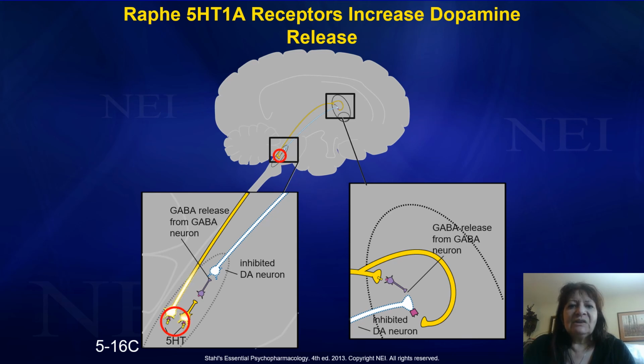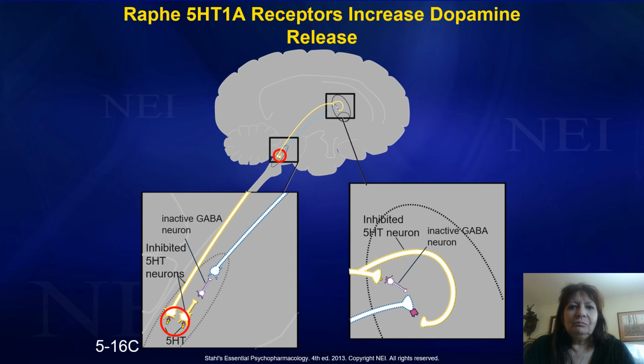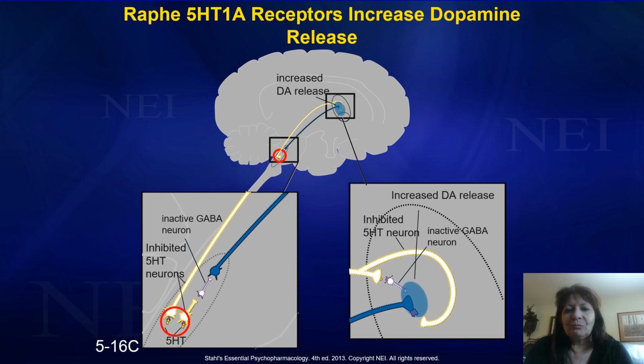Oh, so let me clarify. At the raphe nucleus, 5-HT receptors on the GABA interneurons are blocked. So there is no increase in GABA activation, and so the dopamine release is actually increased.